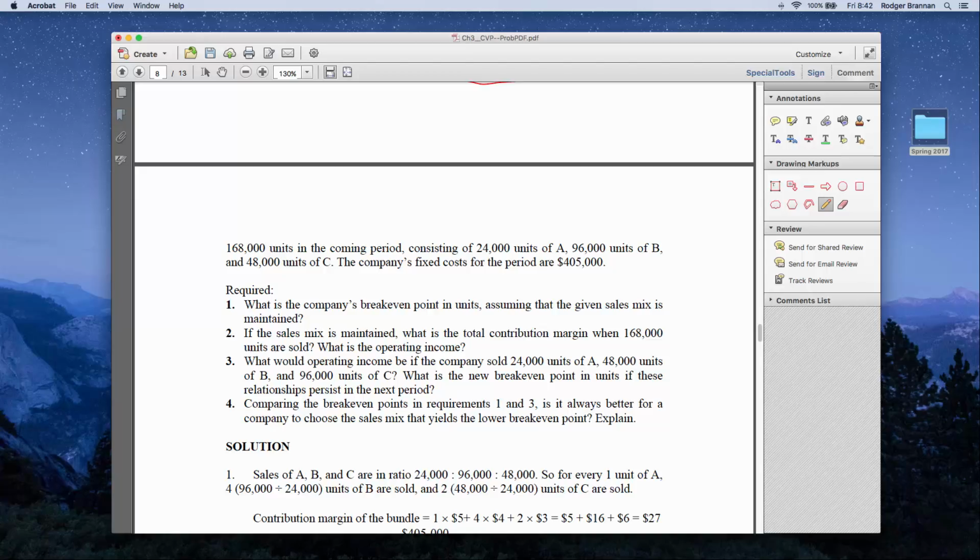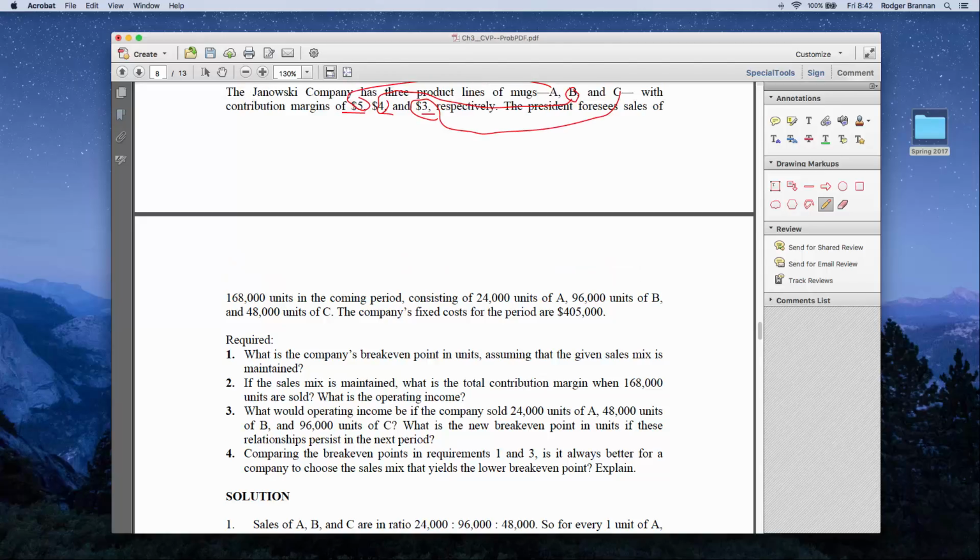Now, the tricky part of doing multiple products is not the contribution margin part, but the ratio analysis. What they're budgeting for is 168,000 total units.